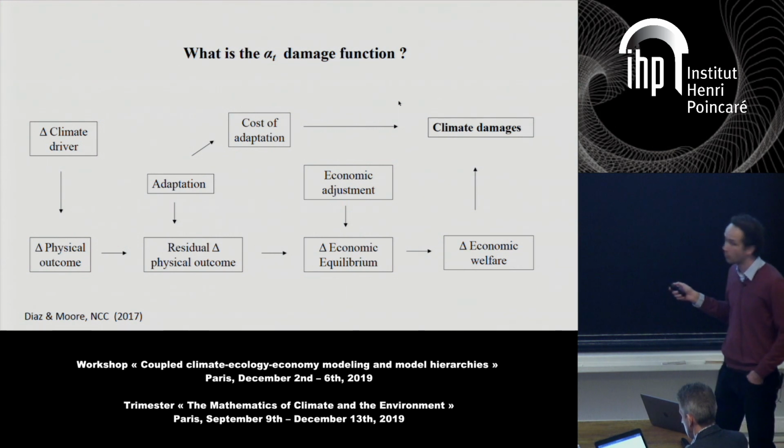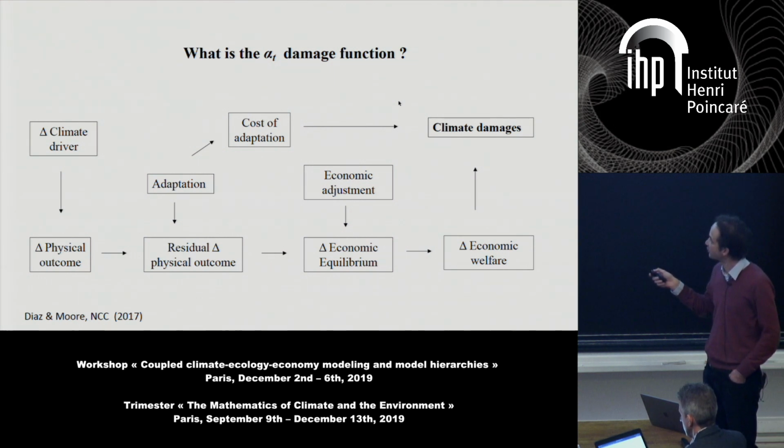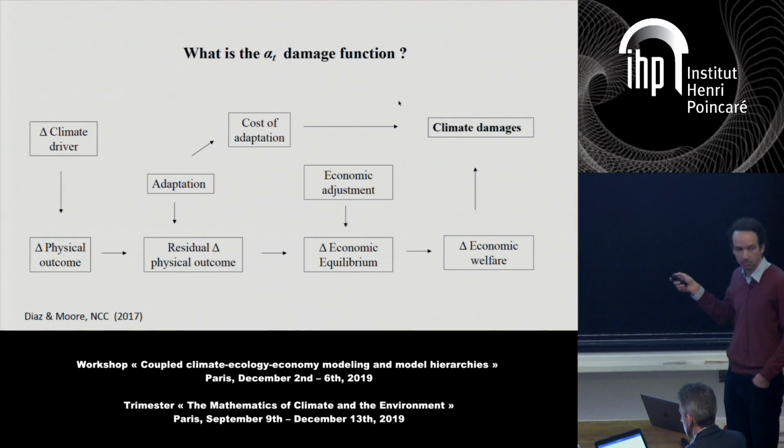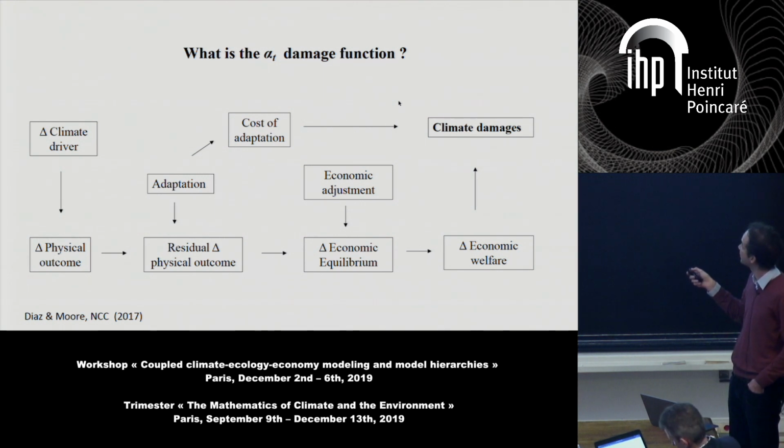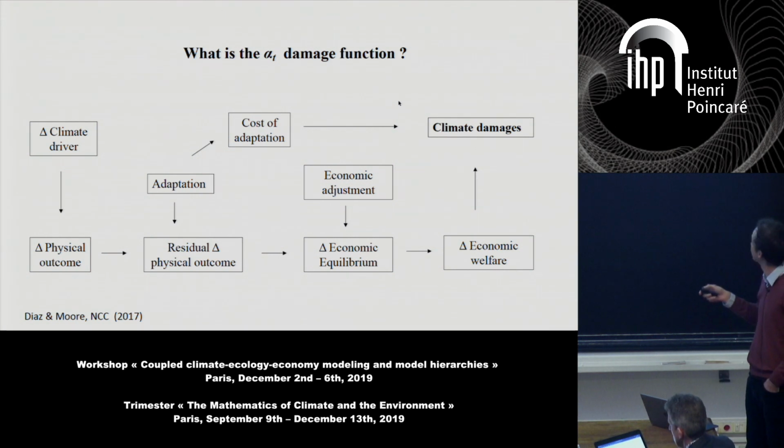What alpha contains is first a variation in some climate driver that generates a physical damage, a physical loss, that then leads to a different equilibrium state in a given sector of the economy.